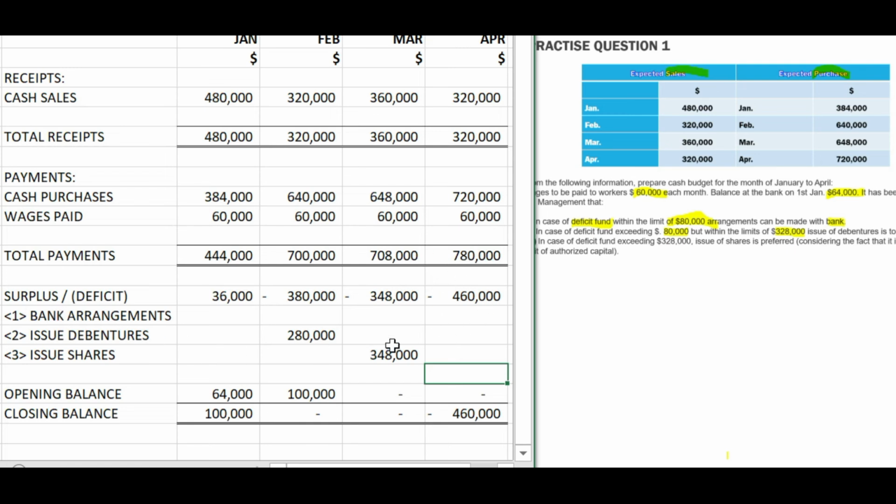You have a deficit of 460,000, which is obviously beyond the second scenario. So it will be the third scenario, where you will issue shares of 460,000. So that is the answer for our question.